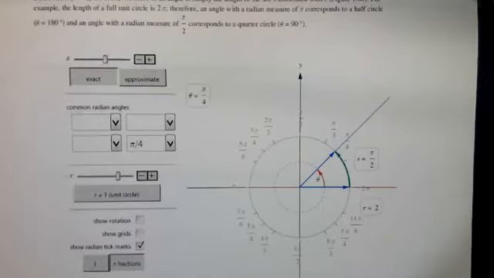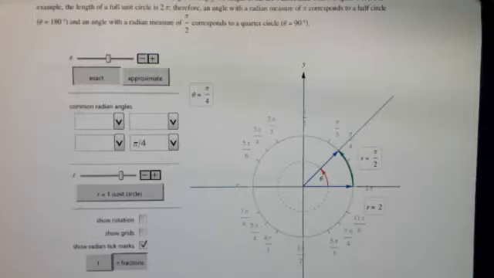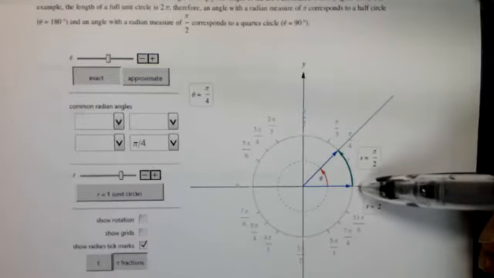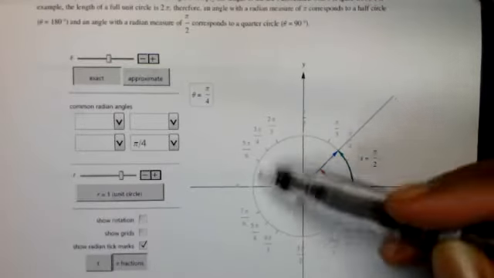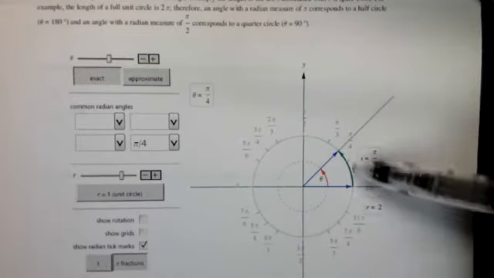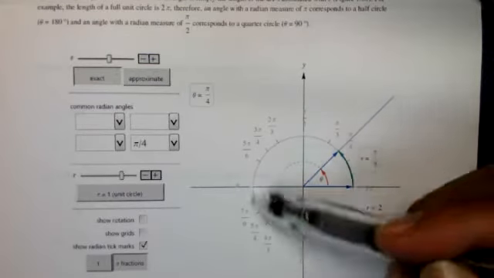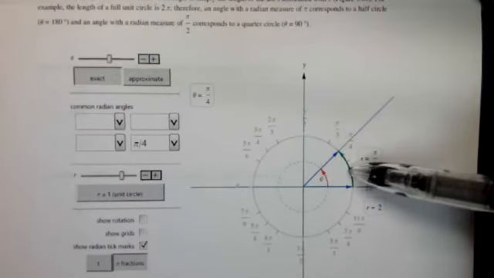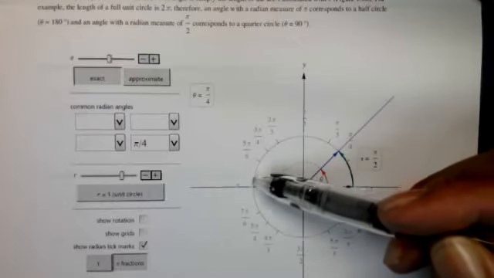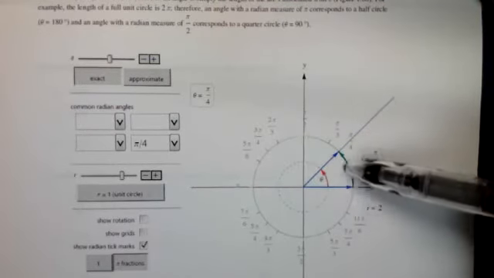Now since the circle is 2 pi, from beginning to end, then half of a circle would be pi.